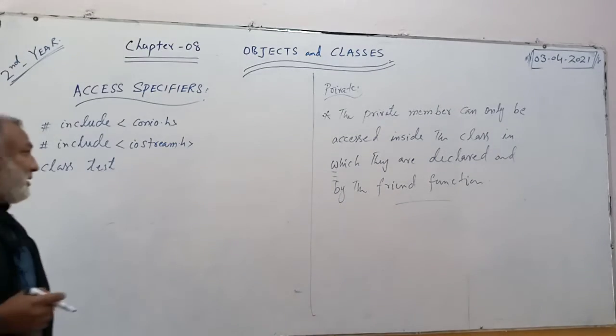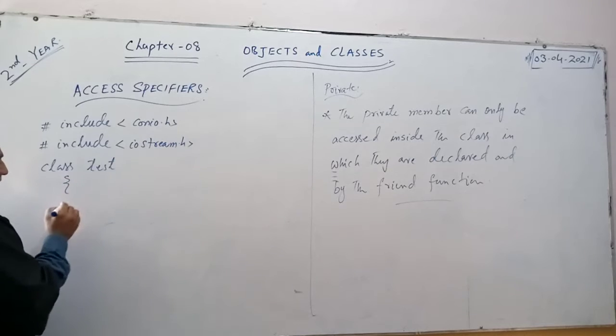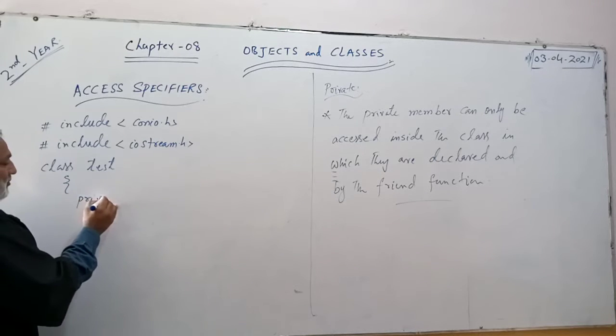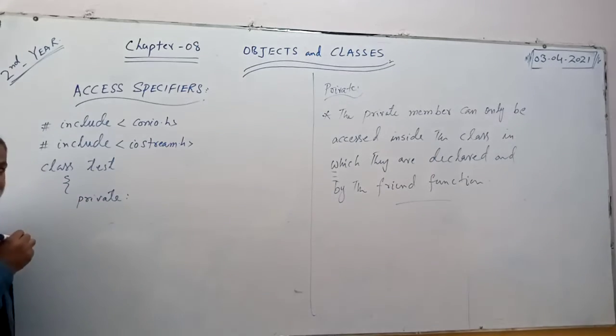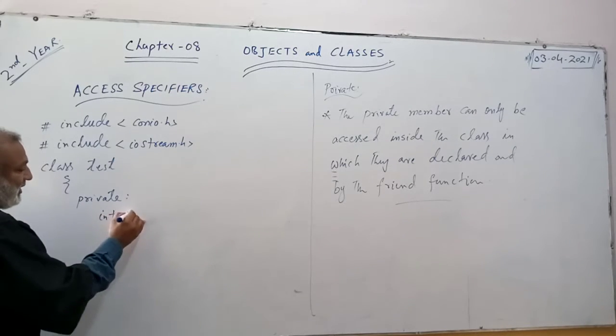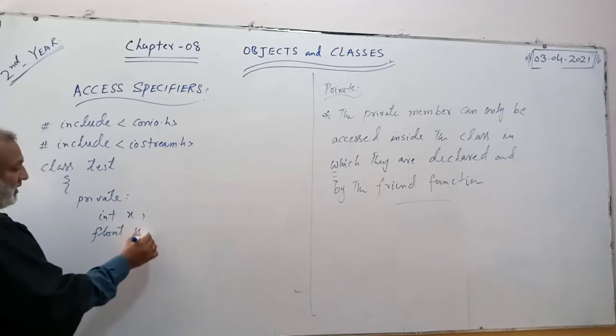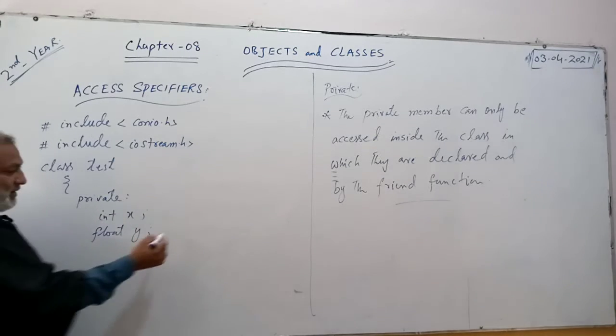We have created a class by the name of test, and inside that class we have a private access specifier. Under private I take two variables, one is int and one is float, and these are what we call member data.